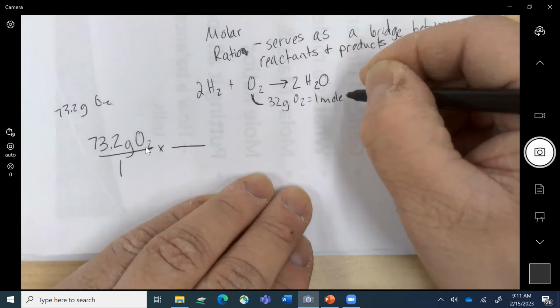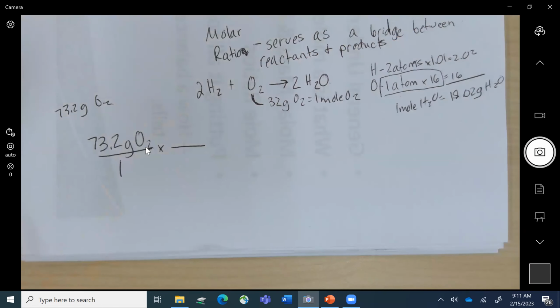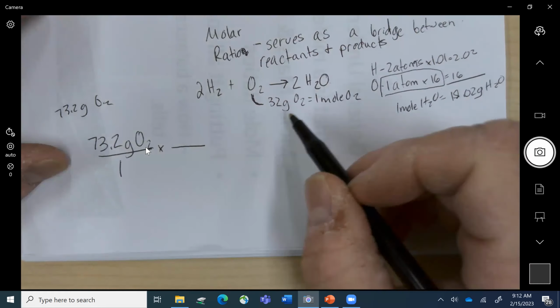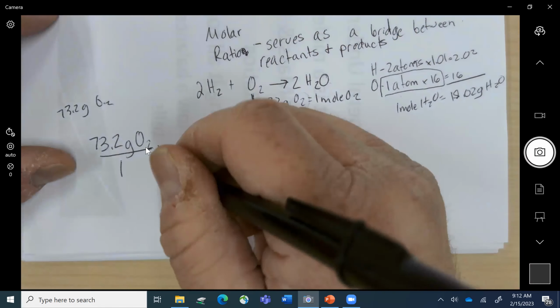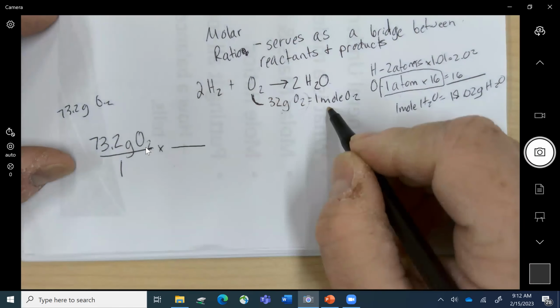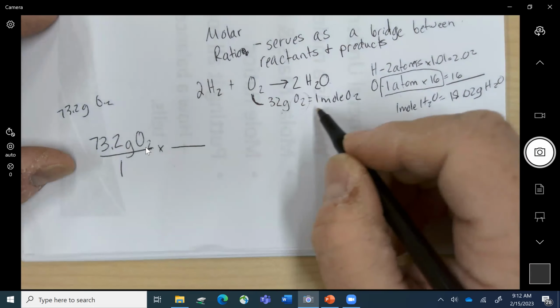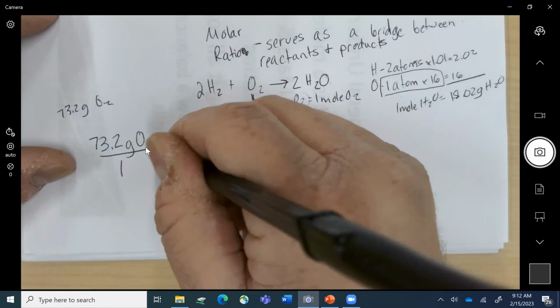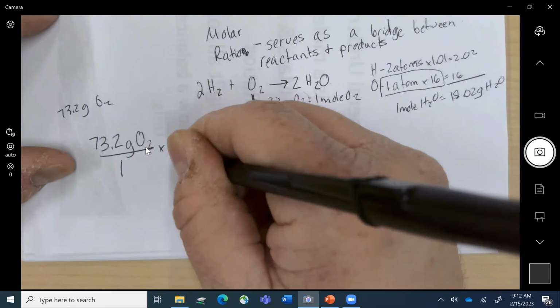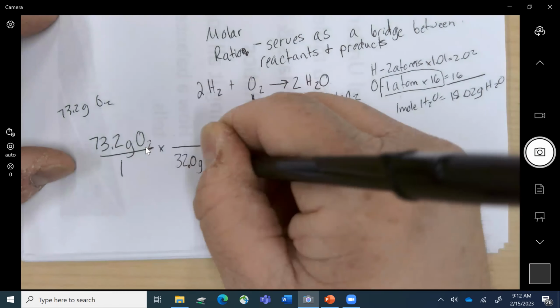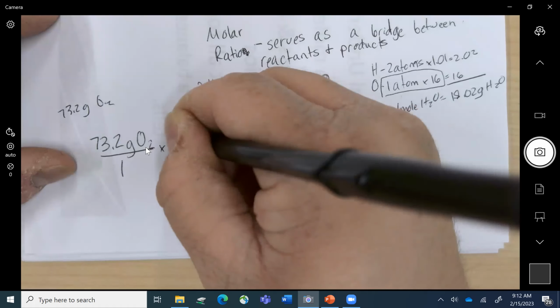I just want to point out that this one's a little different than what we would typically see because it's purely diatomic. So this is my molar weight for O2. I'm going to put 32 grams of O2 over 1 mole of O2.